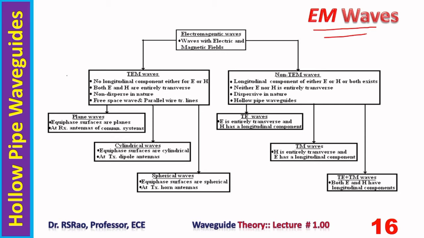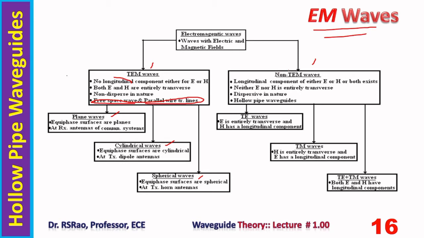Now, before going further, a brief regarding EM waves. Several types of EM waves are there broadly, and the relevant division here is into TEM waves and non-TEM waves. In TEM waves, you have plane waves, cylindrical waves, spherical waves. TEM waves you can find in parallel wire transmission lines, free space, coaxial lines and all that.